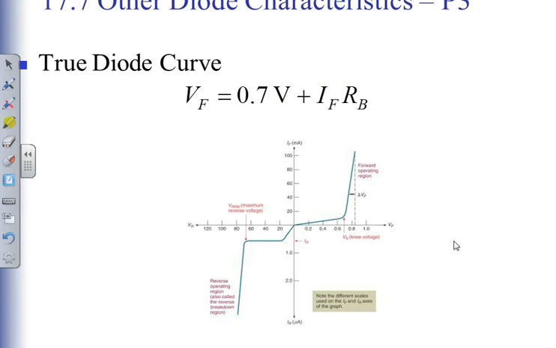All right, now we're looking at what a true diode would look like. So a true diode isn't doing what the ideal one is. In the forward direction, I'm not a straight line. I come up a little bit. I still have a knee voltage at 0.7 where I start taking off, but now I'm increasing the voltage across this as I run current.